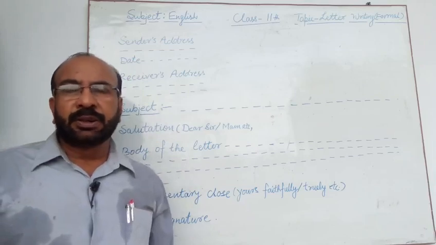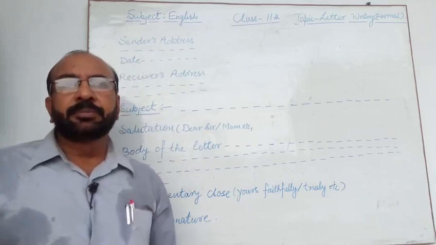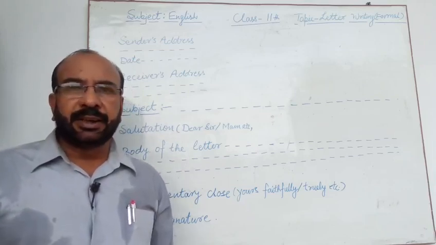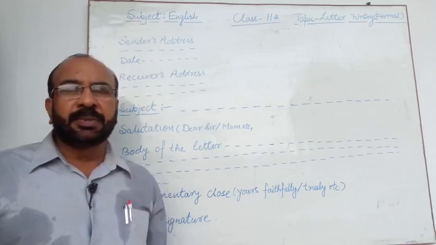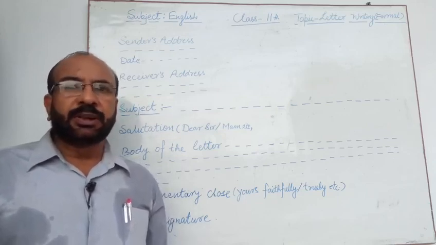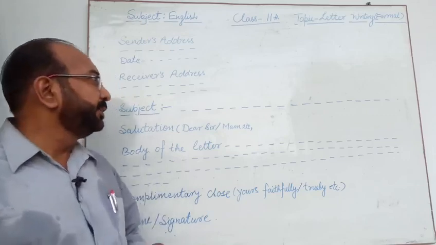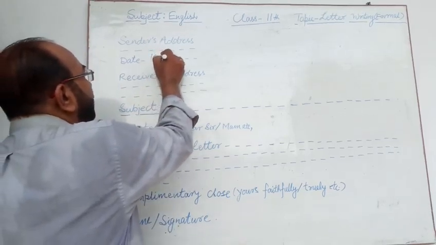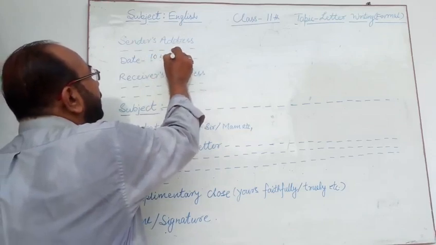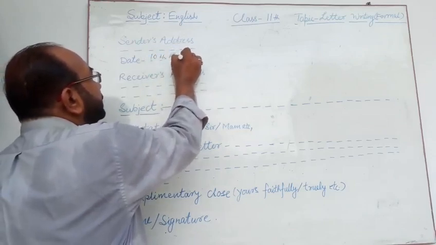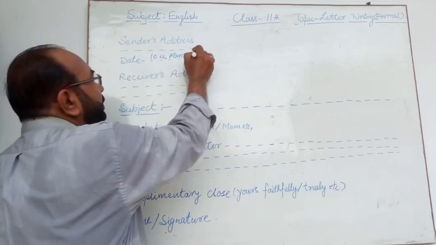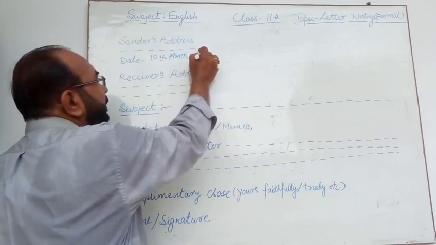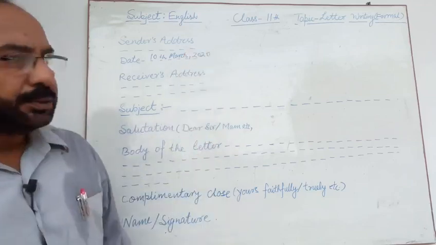So you must follow the format of mix in writing the date, like 10th March 2020. So you will write 10 in digits, and after that th, and then March in words, and after that comma, and 2020 in digits.